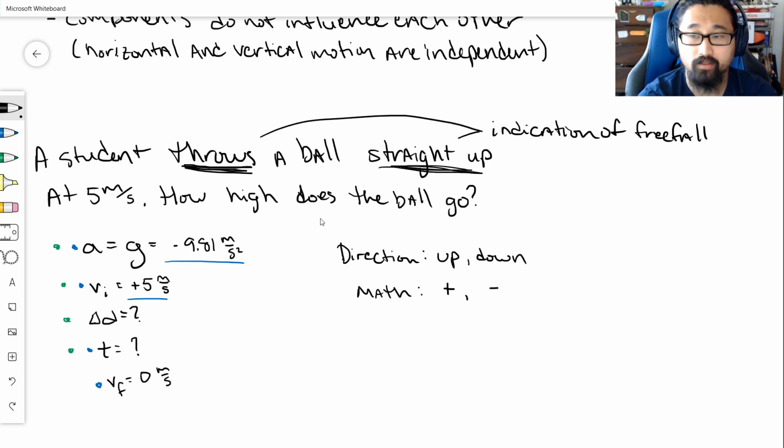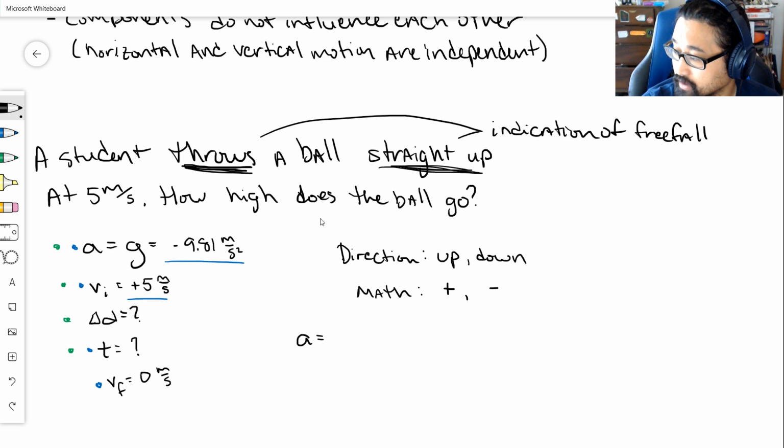The reason I can do that is because I have more than one equation. Technically we've looked at 4 equations on your reference table. There's really only 3, because 2 of them are the same. But one of those equations is that acceleration is a change in velocity divided by time.